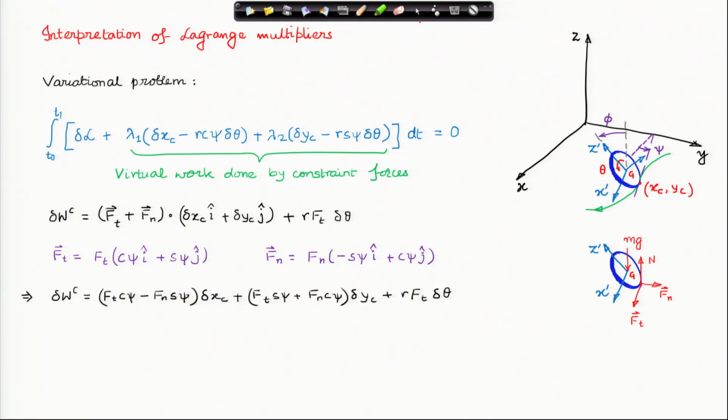And using all these expressions, I can now write down my grand expression of virtual work done by the constraint forces. I have contributions from variation in delta xc, delta yc, delta theta. There is no contribution due to variation in delta psi or variation in delta phi. Why? Because if I change psi, being at this point, no work is done.